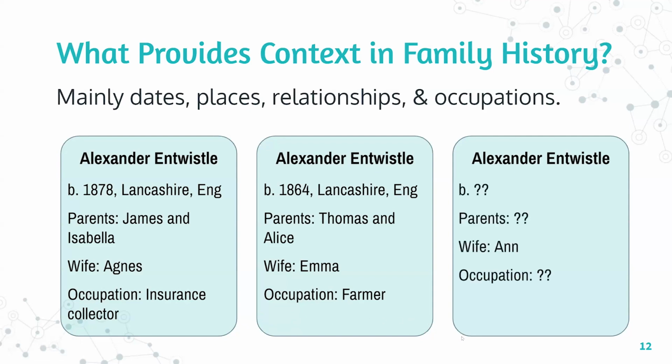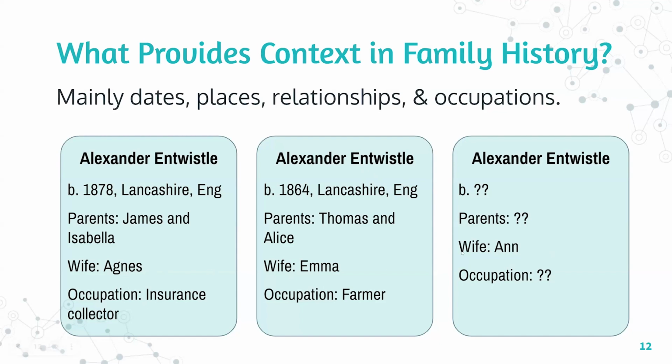Now, here's a third profile. Is he the same as the other guys? Well, his wife's name is not the same, but do people ever marry more than once in this life? Yeah, of course they do. So could one of our Alexanders have married an Anne before he married Emma, or after, or before Agnes, or after?